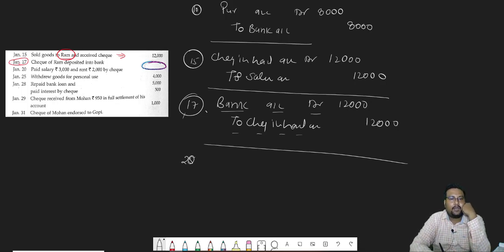Now 25, withdraw goods for personal use. Before that, on the 20th, paid salary 3,000 and rent 2,000 by check. So how much payment is done by bank? 5,000. For what? Salary and rent, and both are expenses, and all the expenses are debit. So salary account debit, rent is also an expense, so rent account debit.